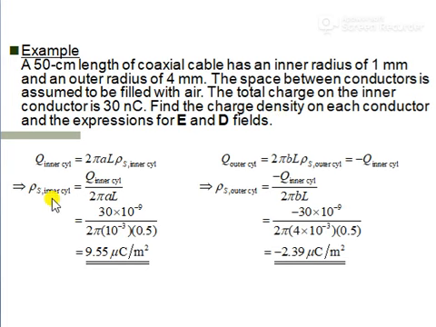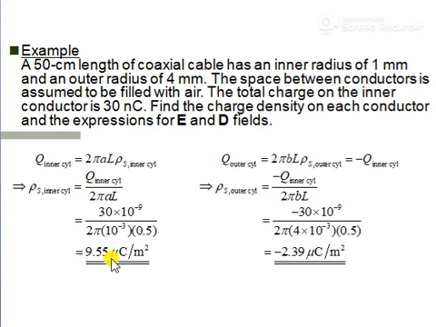So we already know that Q of the inner cylinder is 2 pi L rho s of the inner cylinder. So rho s of the inner cylinder is Q inner divided by 2 pi A L. So Q inner is 30 nano, over 2 pi, 10 raised to minus 3 into 0.5. So L is 50 centimeter and A is 1 mm, that is 10 raised to minus 3.